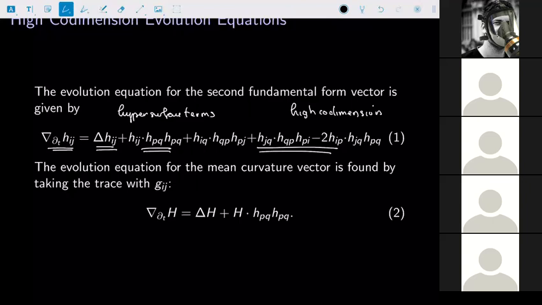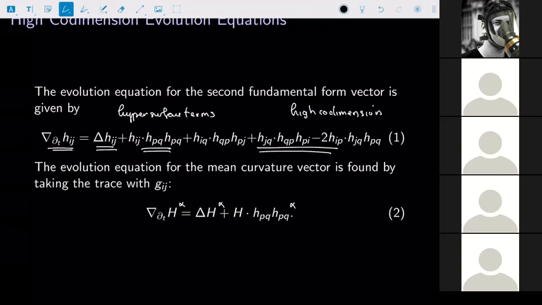The evolution equation for the mean curvature vector, here you take the trace with respect to g^ij, and here you can see what the problem is. Let me put the indices in here. If you have an alpha here, you have an alpha here, but then you have an alpha here.